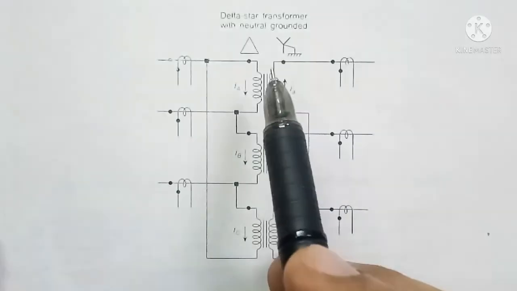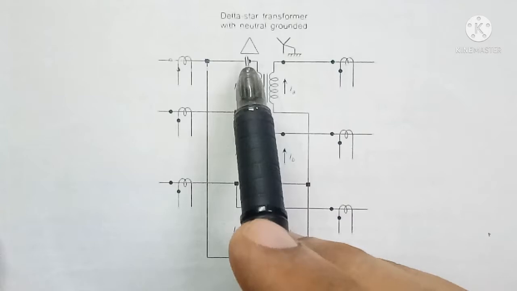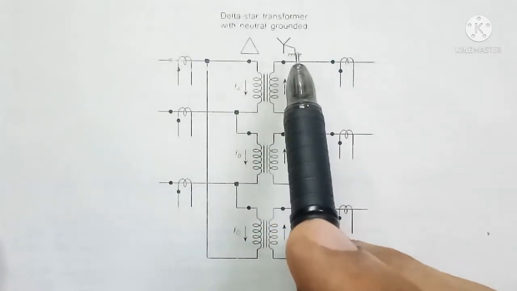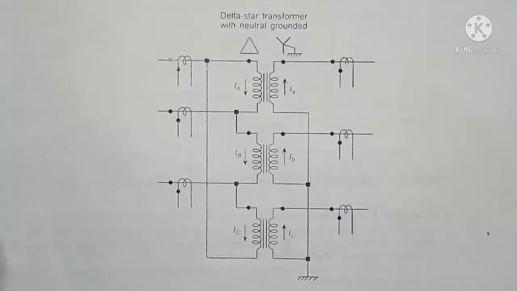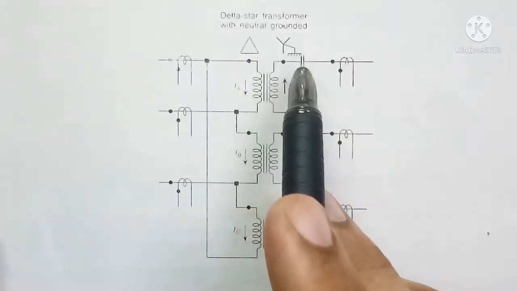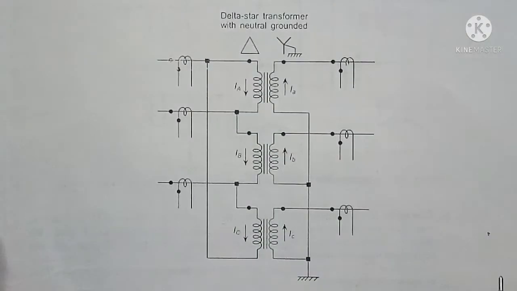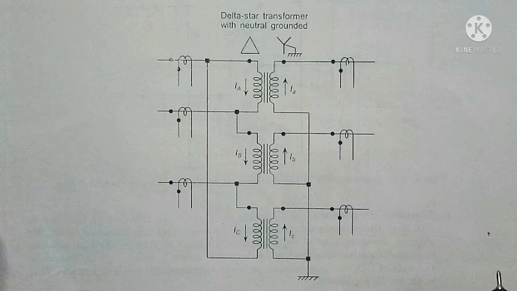Now in this figure you can see a delta star three-phase transformer with star neutral grounded. In placing the dots both for power transformer and current transformers, dot convention is followed.